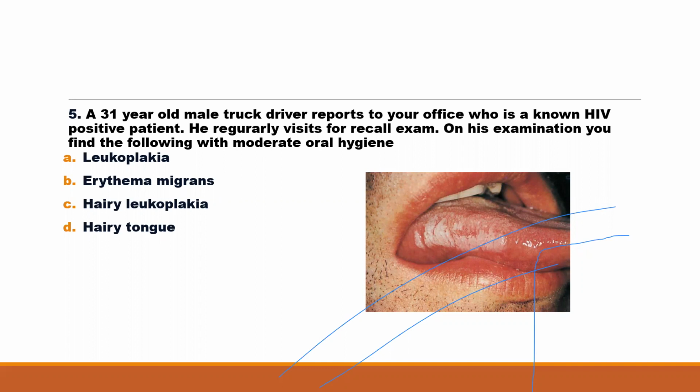Hairy leukoplakia has two important features: first, HIV positive, and it's seen on the lateral border of the tongue. It cannot be hairy tongue because hairy tongue is mostly seen on the dorsum where the patient does not clean the dorsum of the tongue and the papillae are still there. So it's C, hairy leukoplakia.